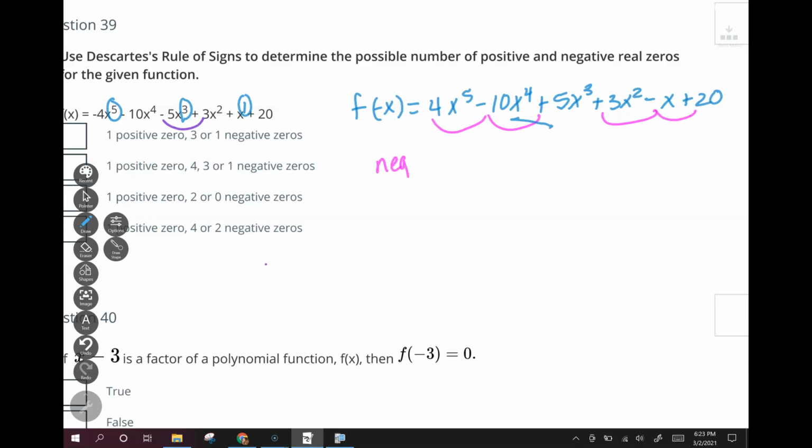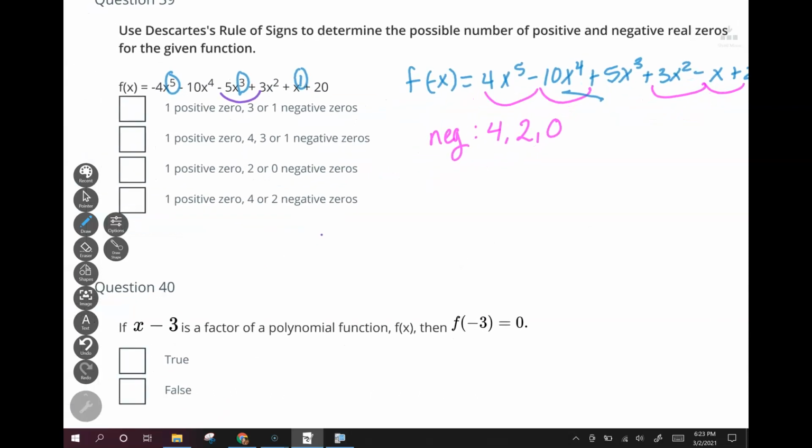So for negative, I could have 4, 2, or 0. Remember, you're going down by 2, so I started at 4, the number of sign changes, went down by 2 to get 2, went down by 2 to get 0. So 4, 2, or 0. It looks like our answer should be D here. Not sure why 0 was not included in that list, but it should be 4, 2, or 0 negative real zeros.